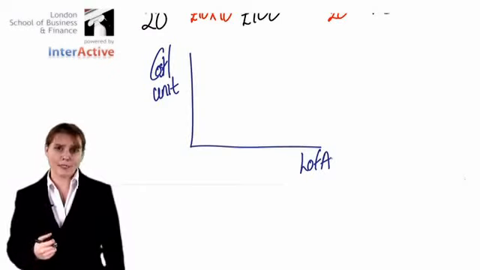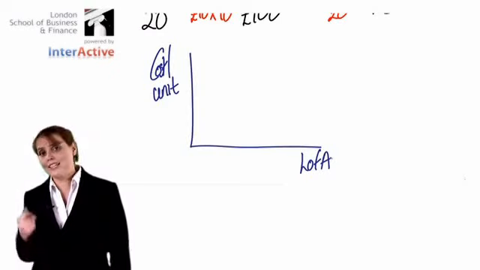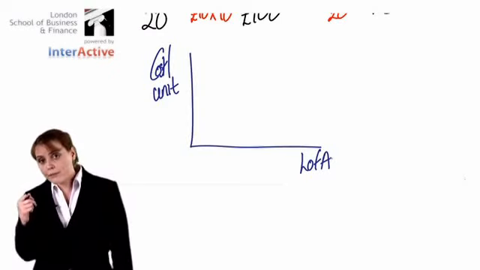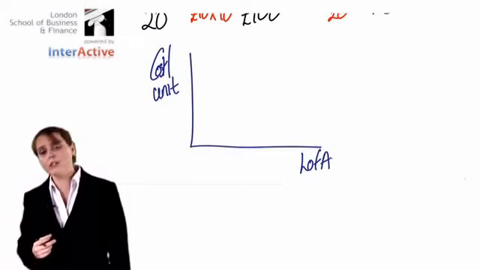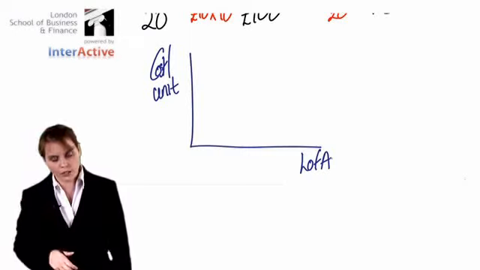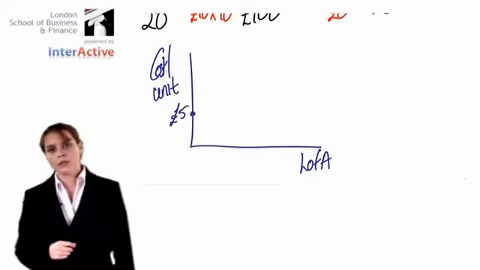Well, it might be tempting to say 0, but actually when our level of activity is 0, our variable cost per unit, so the amount we would spend if we produced an additional unit, will still be £5.